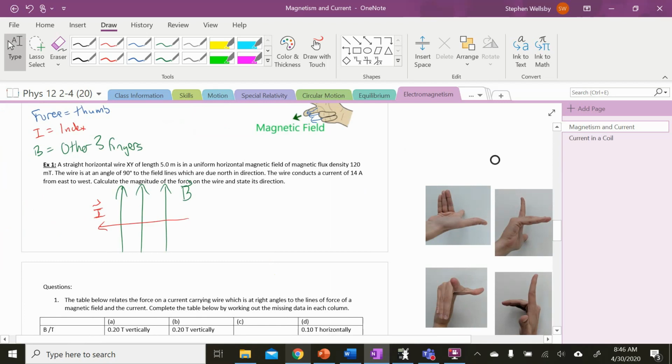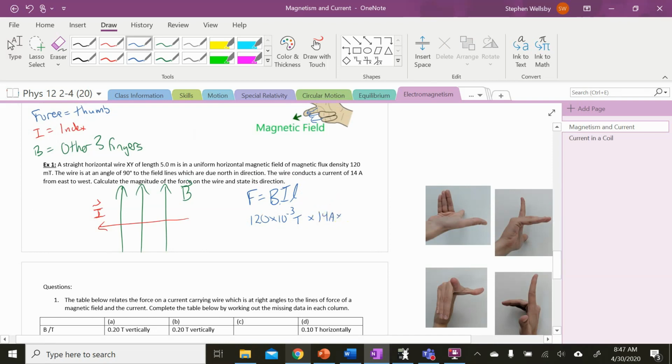Okay, so if you are back and you've tried this question out yourself, well, first of all, let's figure out what the force is going to be. So the calculation itself, not too bad. F equals BIL, and we've got 120 times 10 to the minus 3 Teslas, it's milliteslas, multiplied by the current of 14 amps.